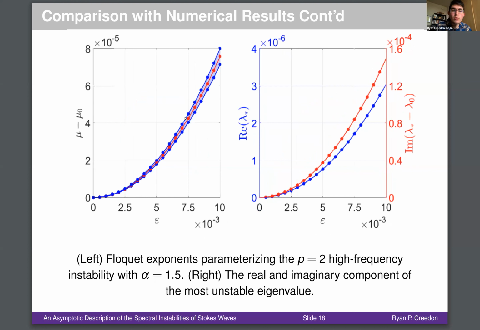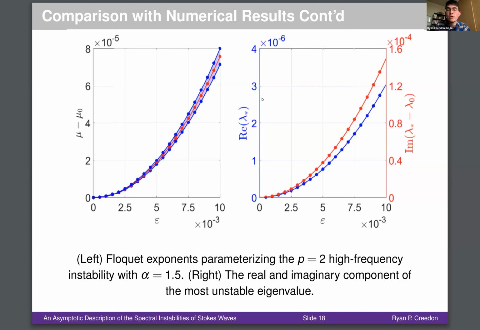This red curve in the middle is the Floquet exponent that corresponds to the most unstable eigenvalue on this asymptotic curve, essentially. And it turns out that, at least to leading order approximation, that curve is right in the midpoint of this interval. But higher order corrections, of course, take you away from the midpoint. And you can calculate those corrections if you want. That'll be a little bonus problem for after this talk, if you want to do that.